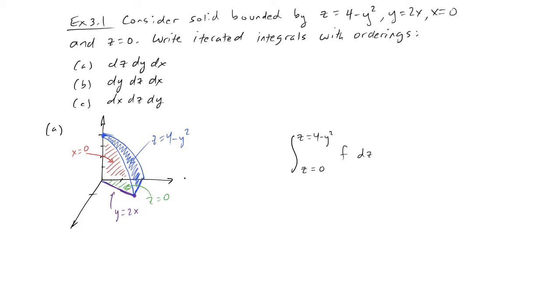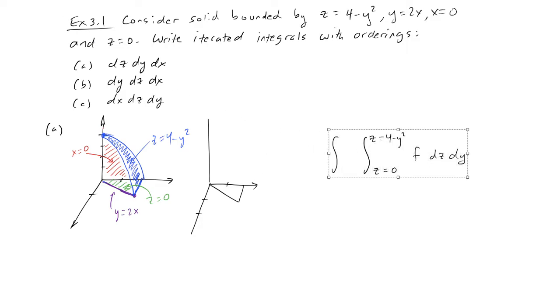Then, once we've done that, we think about the shadow in the xy plane. That's this little triangle here. And we think about what's the curve in terms of y that bounds this region above and below. Let's move this integral over a bit. Okay, so we have a curve here. That's y equals 2x.